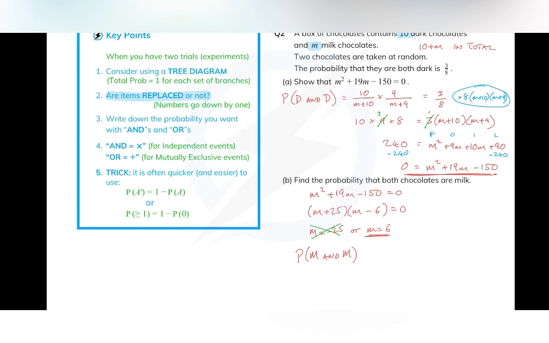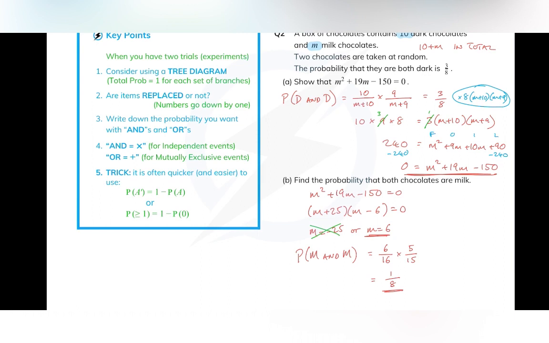Remembering that we're not replacing the chocolates, so we need to adjust the numbers as we go, and so we get, well, there are 6 milk chocolates, which means there are 16 in total, and, so times, and once we've taken one milk chocolate, there are only 5 left, and there are only 15 in total. And if you do that and cancel down, you get 1/8.